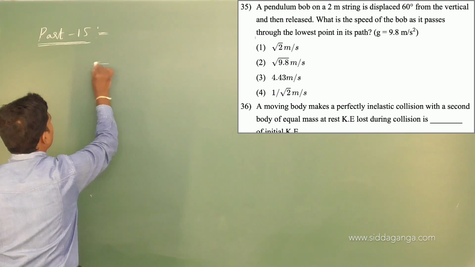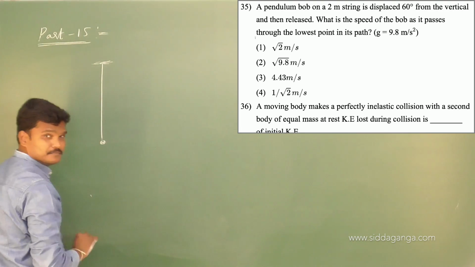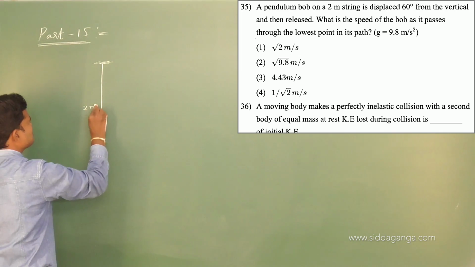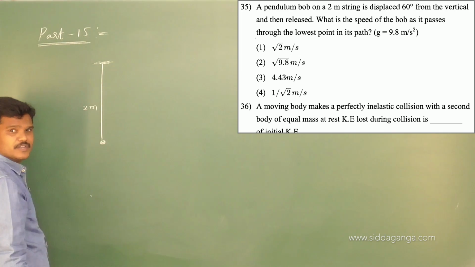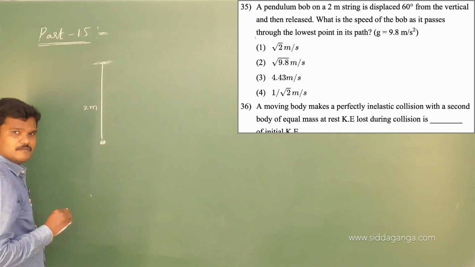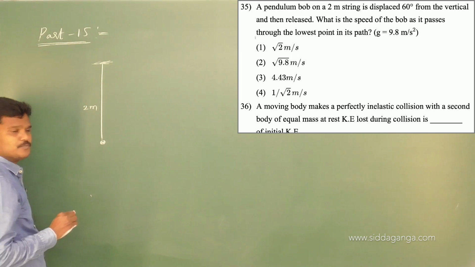See, this is the pendulum, whose length is mentioned as 2 meter. And what is the speed of the bob as it passes through the lowest point?